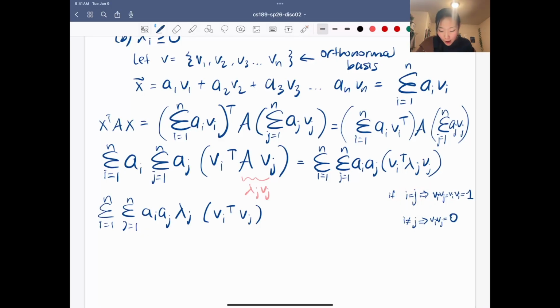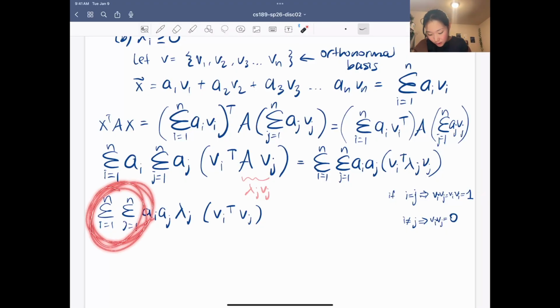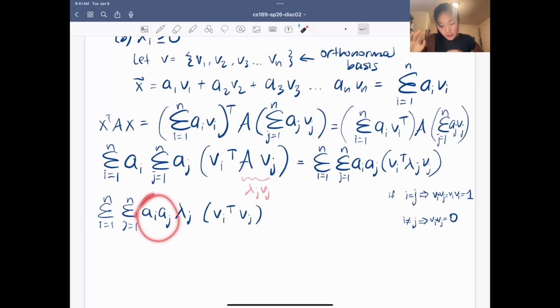And notice that when i is equivalent to j, do we need these two summations right over here? Not really, right? Because if you think about ai aj as every element in a matrix that you're looping over twice, anytime that i is not equal to j, it's going to be 0. And so we're only going to end up summing the values along this diagonal where i is equal to j.